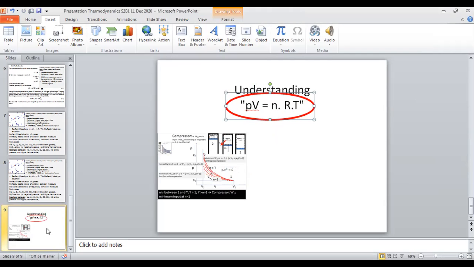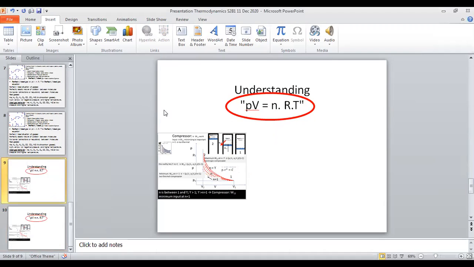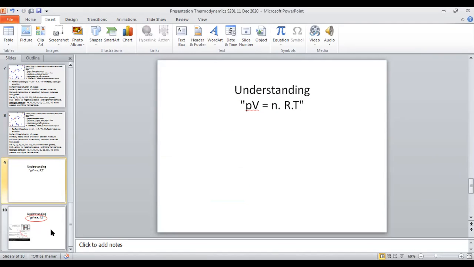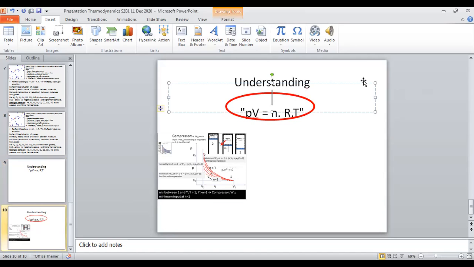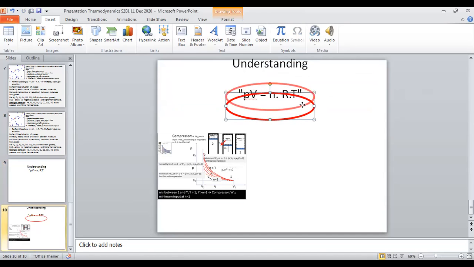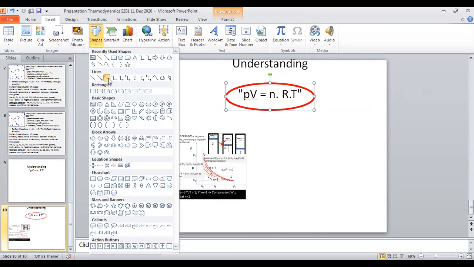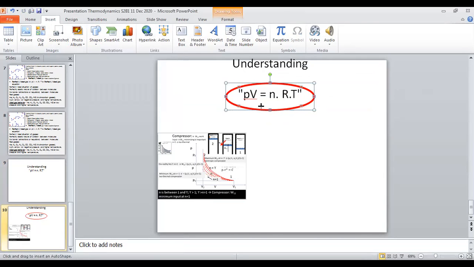This can be the second slide. So you can connect this to these applications if you have understanding.